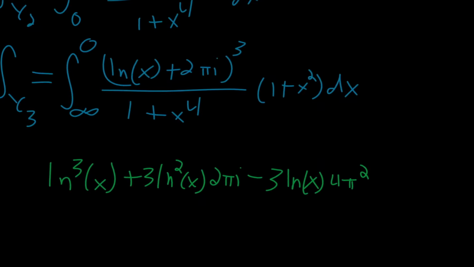And then we have 2 pi i to the third, which is just going to be minus 8 pi cubed times i.